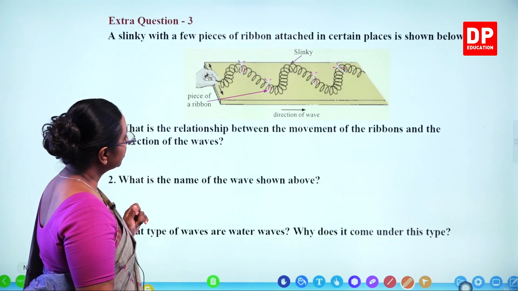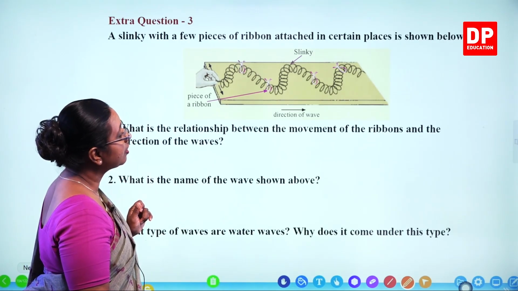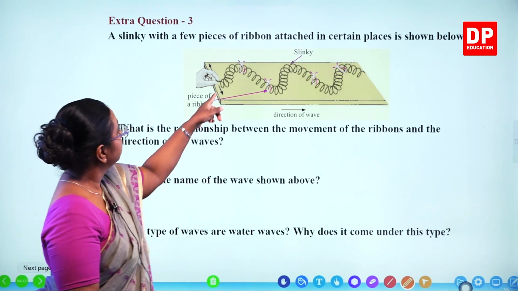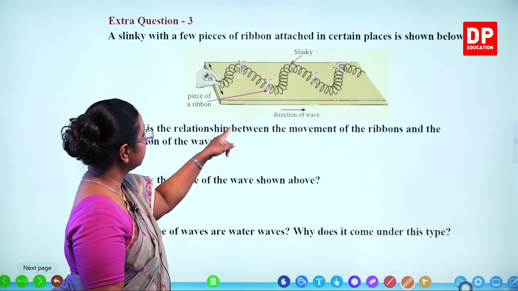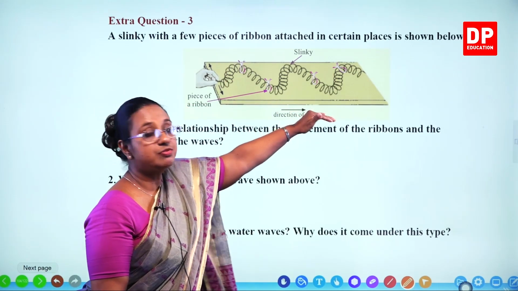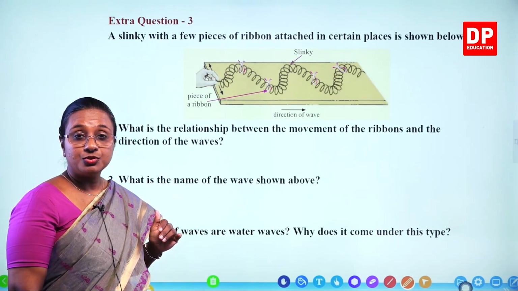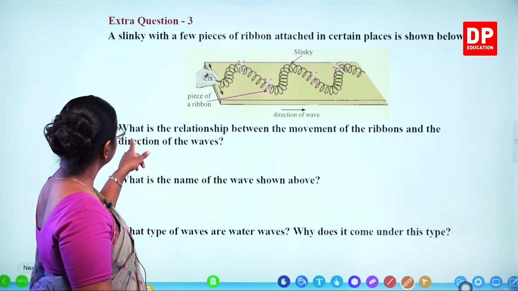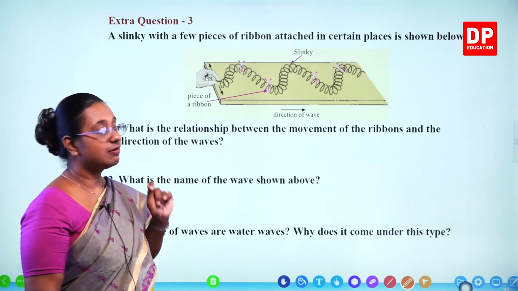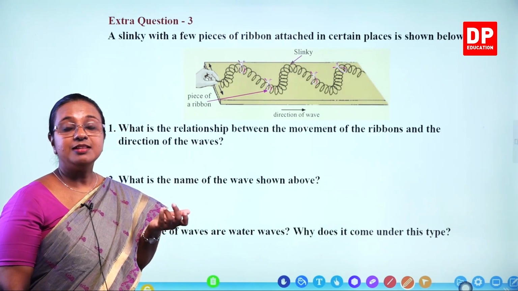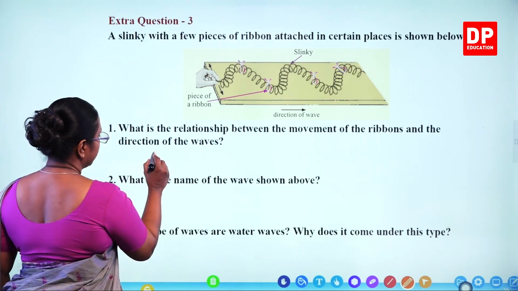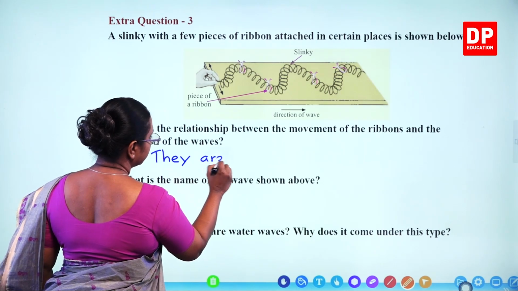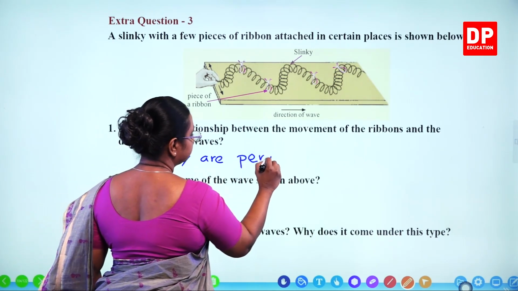What is the relationship between the movement of the ribbons and the direction of the waves? The ribbons move in this direction, the wave moves in that direction. Those 2 directions are perpendicular to each other. So they have asked what is the relationship. You can write they are perpendicular.